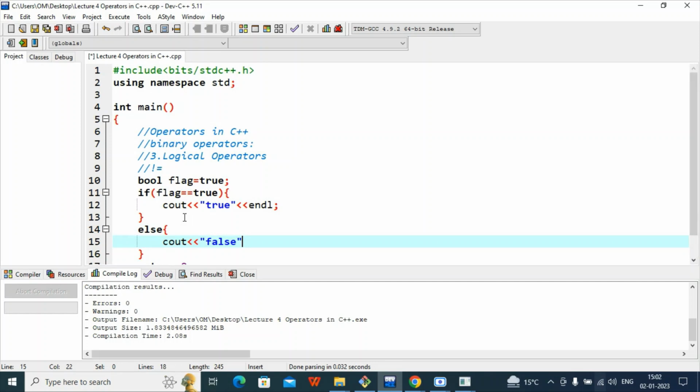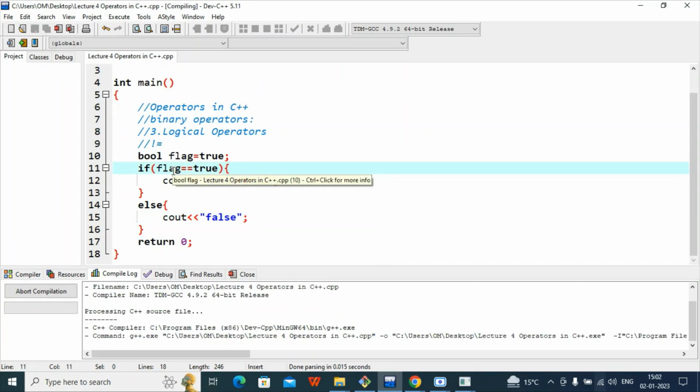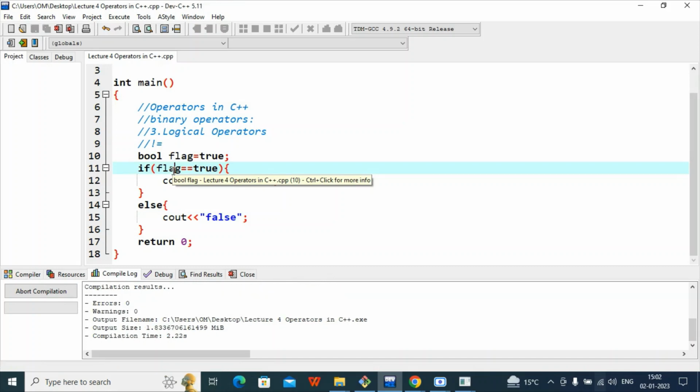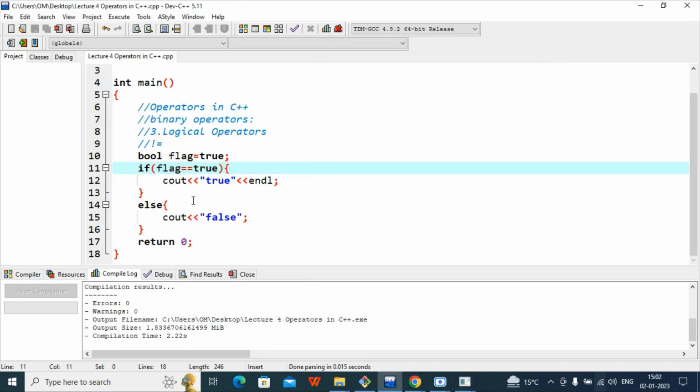This is a method to check whether this flag is true. You just read in the relational operator part, the equal to operator compares two values. It is giving you true. I'm not saying it will give you false or anything. But is it necessary to always put this equal to something?